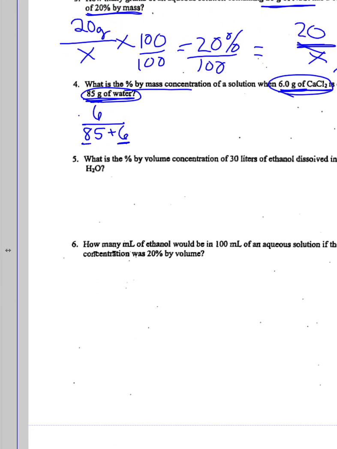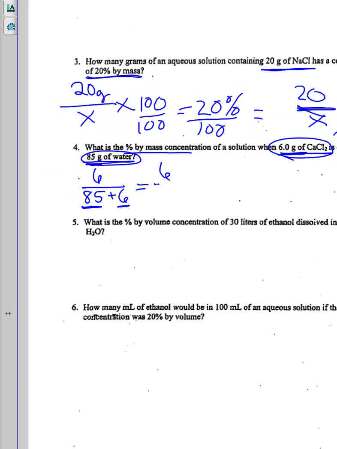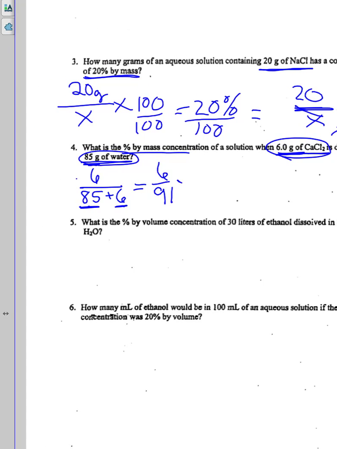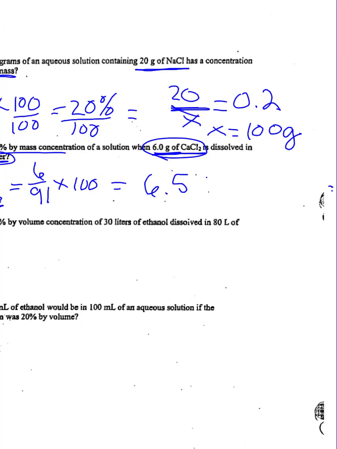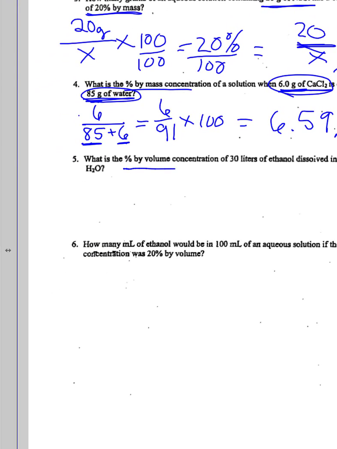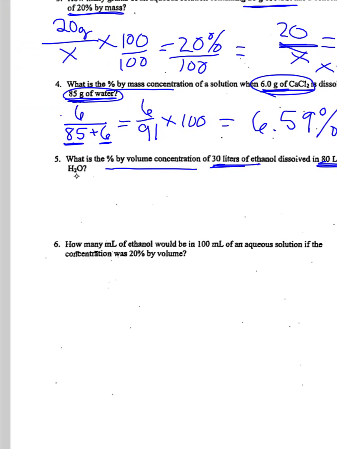This being my solute, this being my solvent. Together they make my solution. So it's 6 divided by 91 times 100, and that gives me approximately 6.59% as my answer.